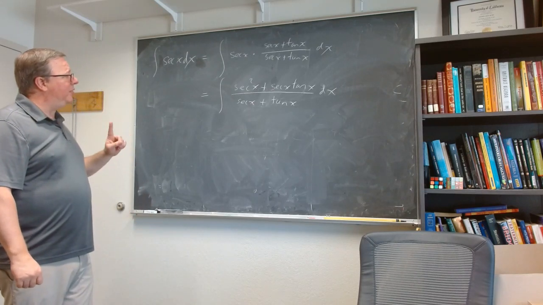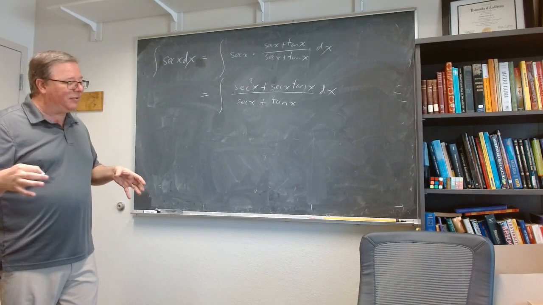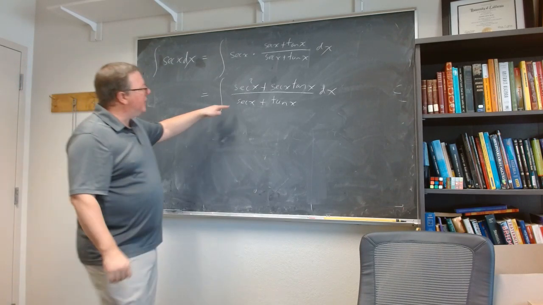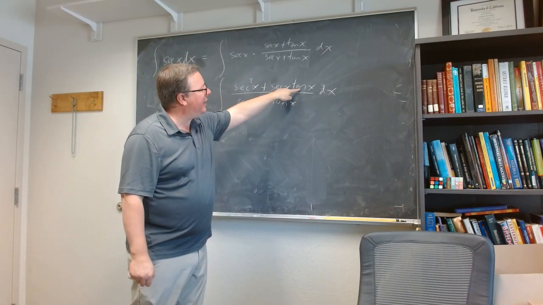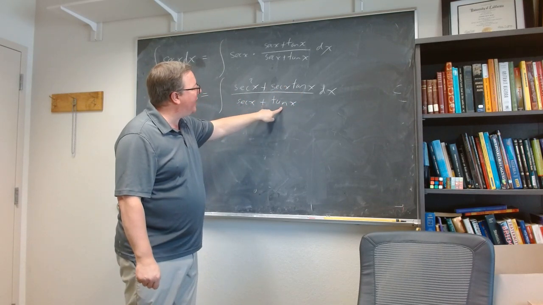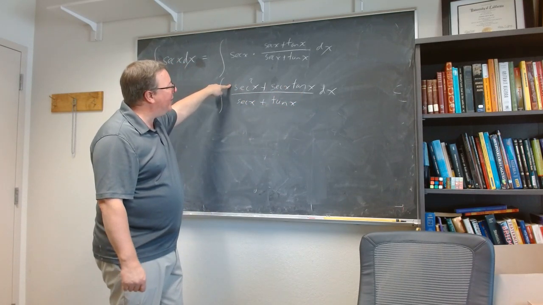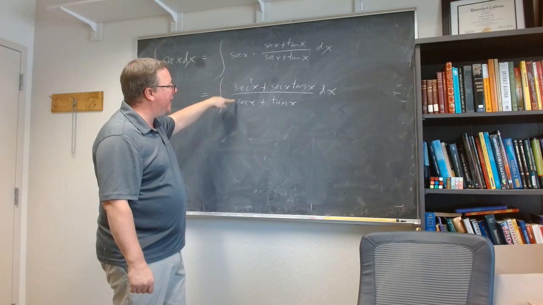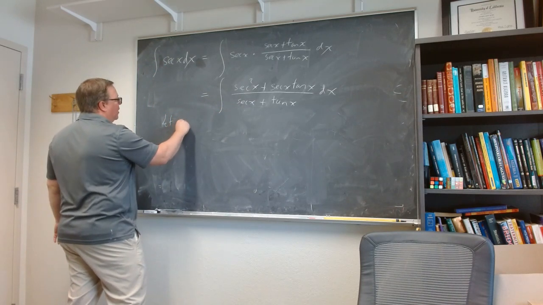But remember, we have our tool of derivatives that we remember from Calc 1. And you'll notice that the derivative of secant x is secant x tangent x. And the derivative of tangent x is secant squared x. And so my numerator right now is exactly the derivative of my denominator. So that sets up our u substitution.